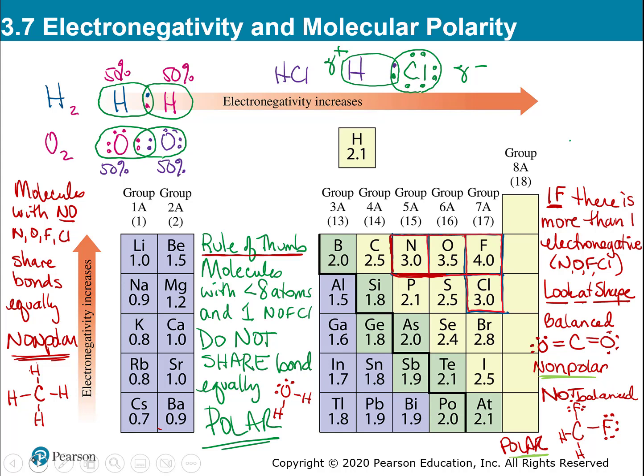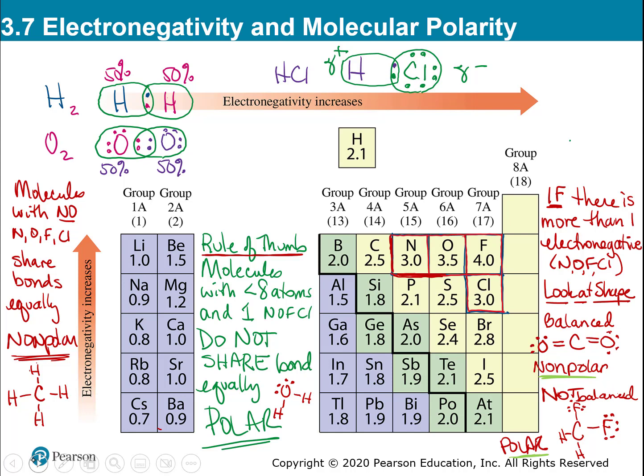So I gave you examples like hydrogen, 50-50. When we were talking about sharing electrons, I gave you the shared custody type of thing. So like H2, that would be equally shared custody. The electrons spend 50-50, one week with one parent, one week with the other parent kind of thing.